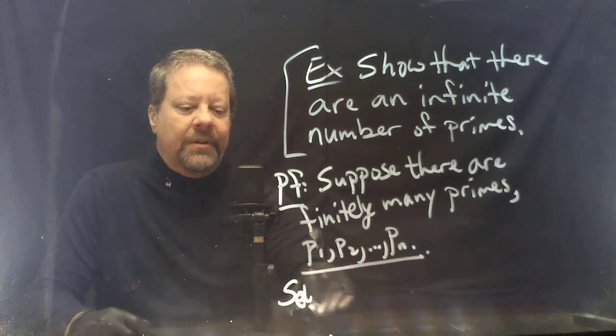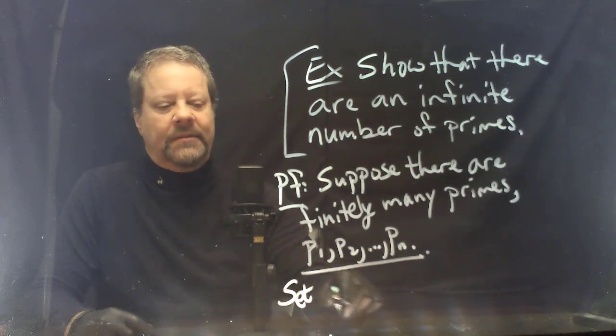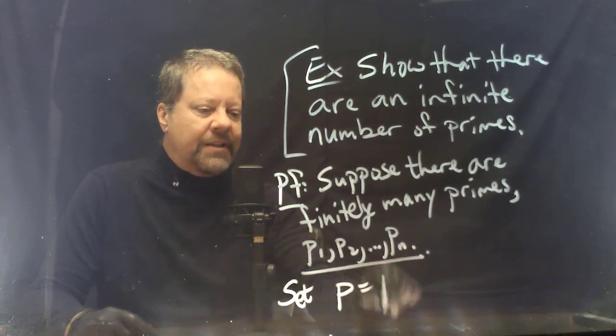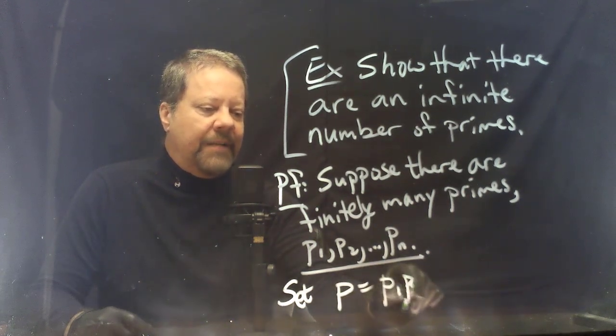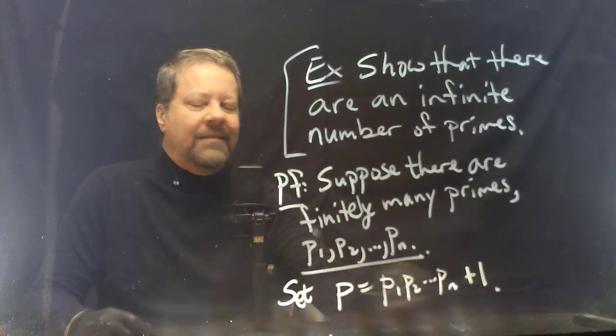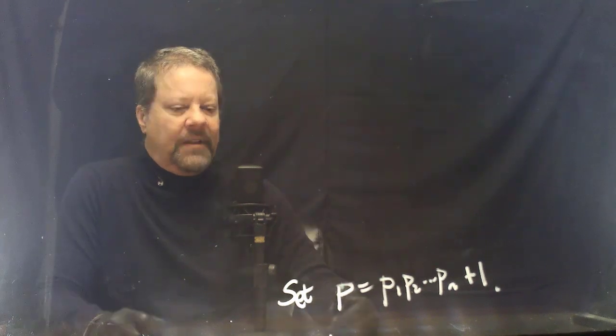What we're going to do is construct another number, we'll call it P, and we'll construct this by multiplying all of these primes and then adding 1 on top of that. Now, P, this number that we've constructed, is either prime or composite.